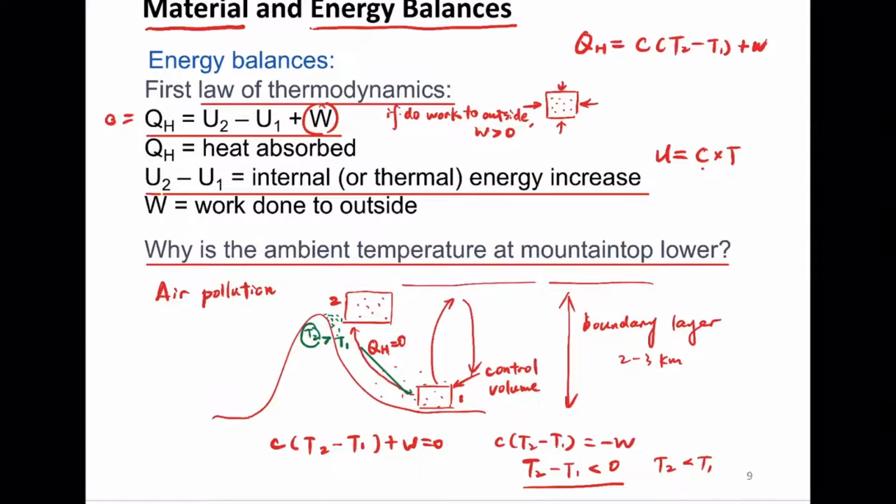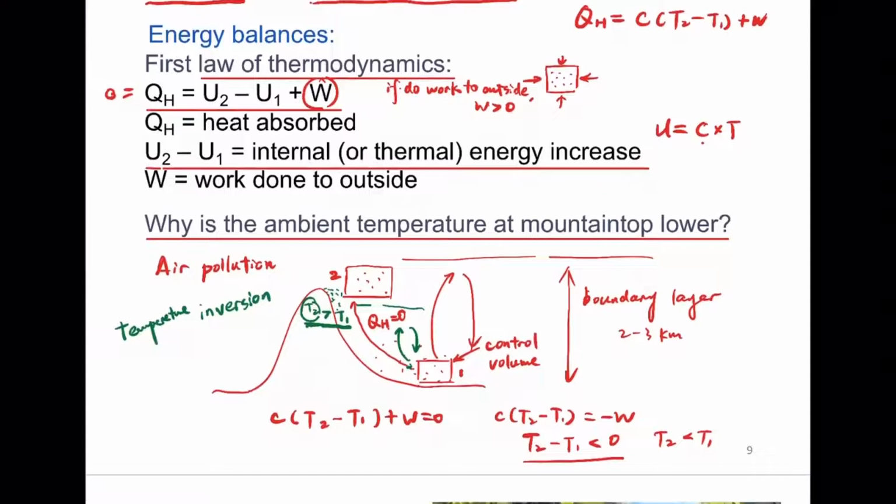The air can never go over this boundary. It can go up, go down, but never go over this temperature boundary. We also call this temperature inversion.